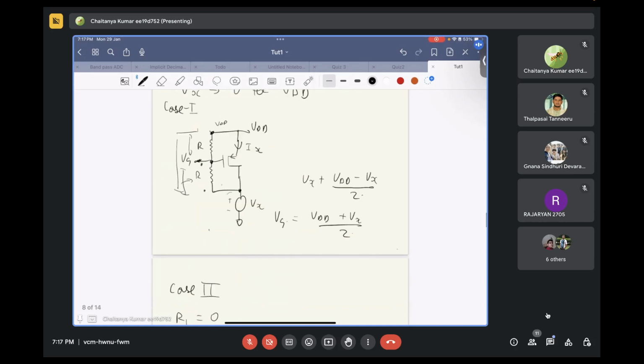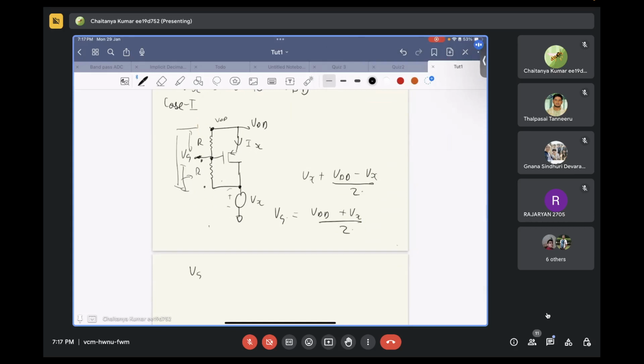So Vg is equal to this. What is your VSG? VSG is equal to VDD minus VDD plus Vx by 2, that comes out to be VDD minus Vx by 2.